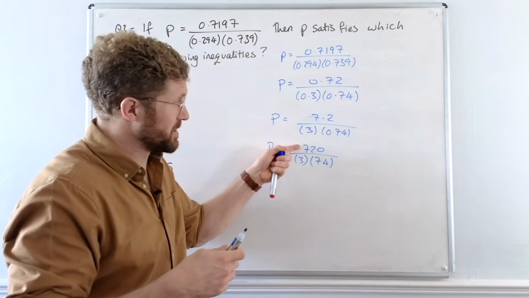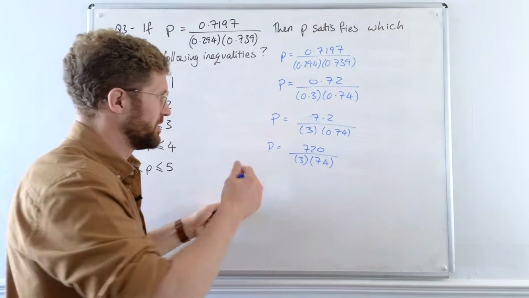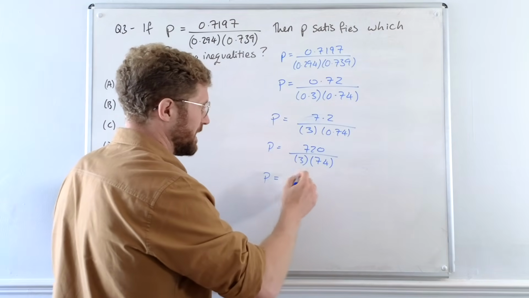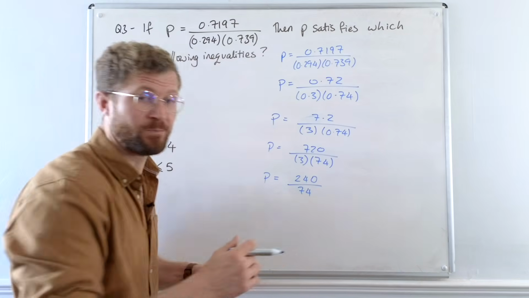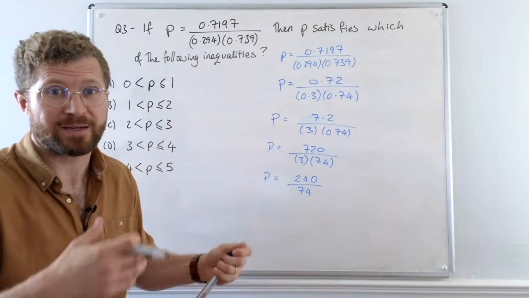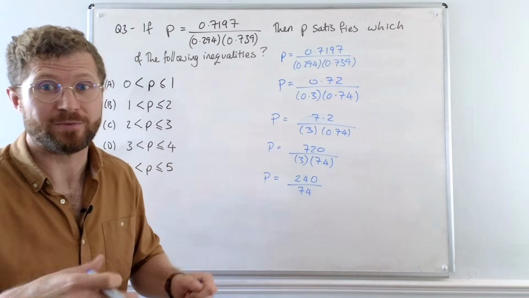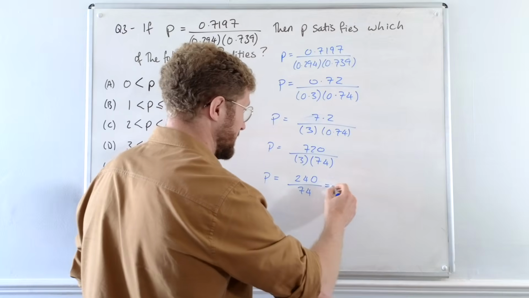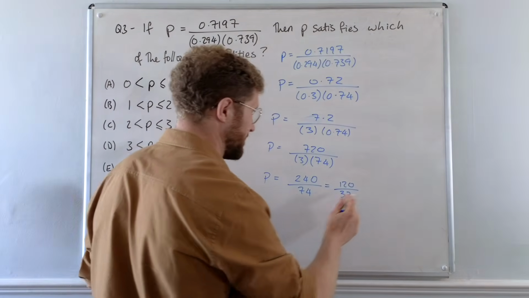If you can see it, we can spot that 720 and 3, they're both in the 3 times table. 720 does divide by 3, and what we're going to get there is 240 divided by 74. And from there, I'm just going to go step by step. I don't know what 240 divided by 74 is. I do know they're both even though, so let's divide both of them by 2. That's going to give me 120 over 37.